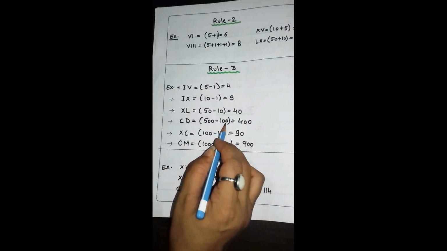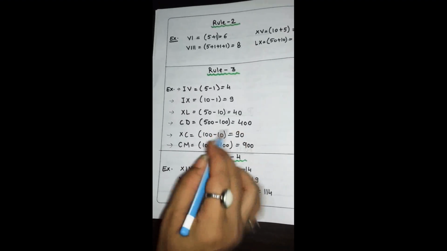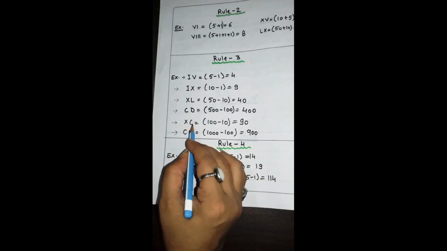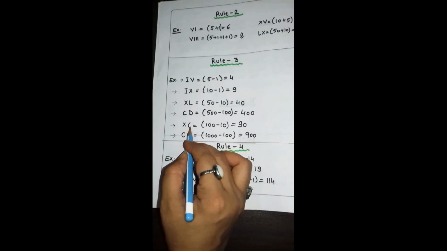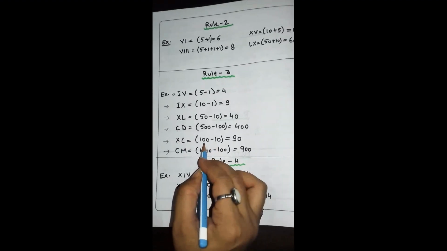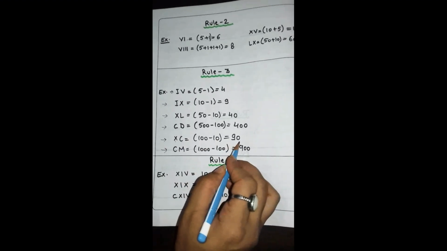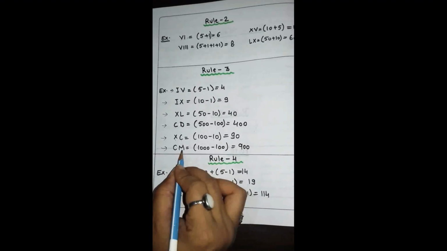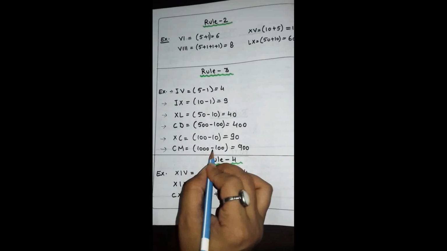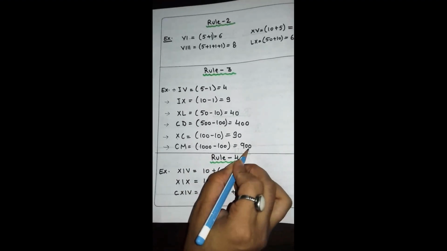So 500 minus 100 is equal to 400. X and C. C stands for 100 and X is smaller, standing for 10. So 100 minus 10 is equal to 90. C, M. C means 100, M means 1000. So 1000 minus 100 is equal to 900.